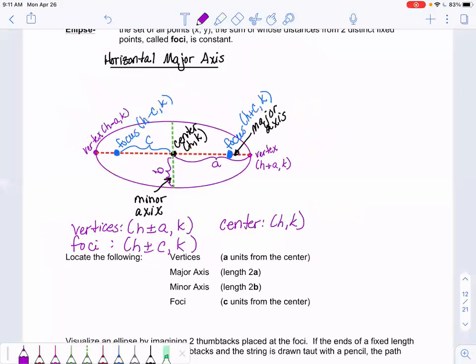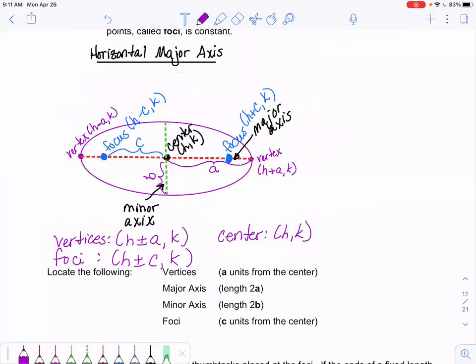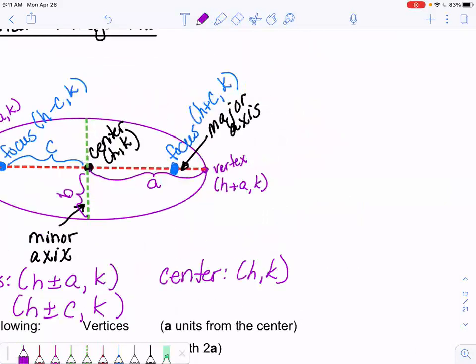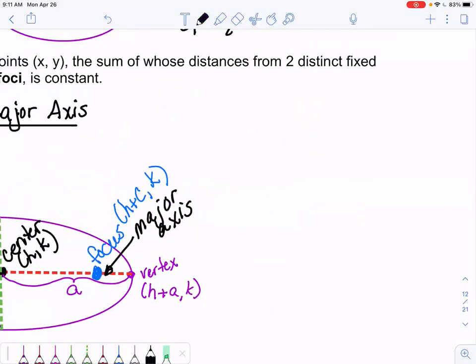So we're going to see if we can take all this information, flip the graph, and make it go up and down. So now we have a vertical major axis.